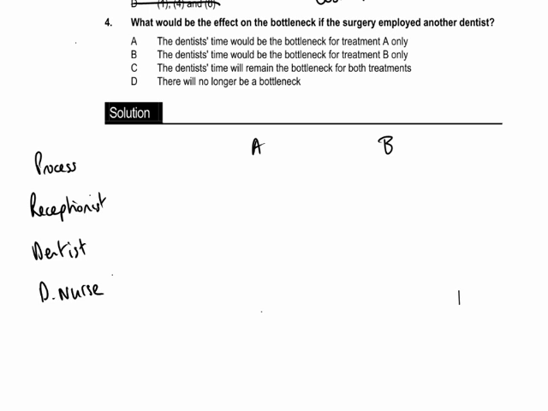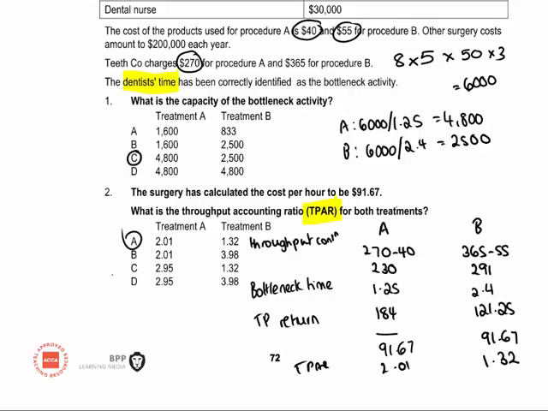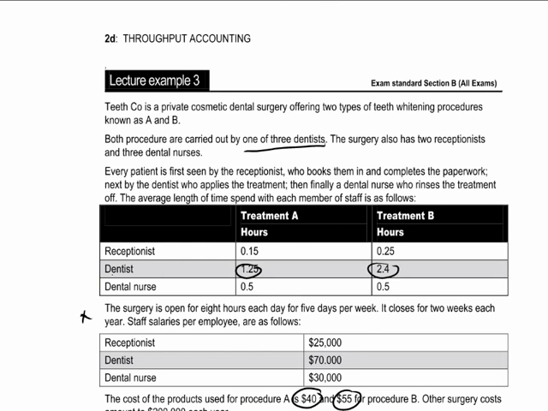And we're told then in the question that there are 2,000, or we've worked out rather, there are 2,000 hours available each week. And you can see then that we have got 2 receptionists and 3 dental nurses. So what that means is we've got 4,000 reception hours and 6,000 dental nurse and dentist hours available per year.